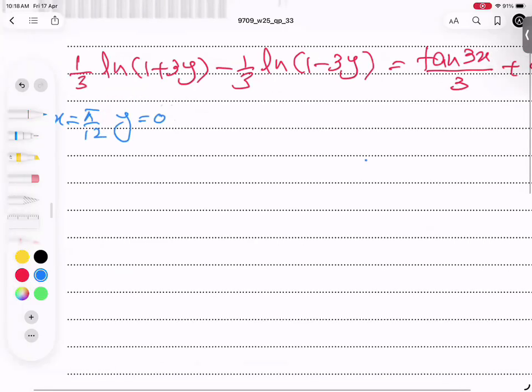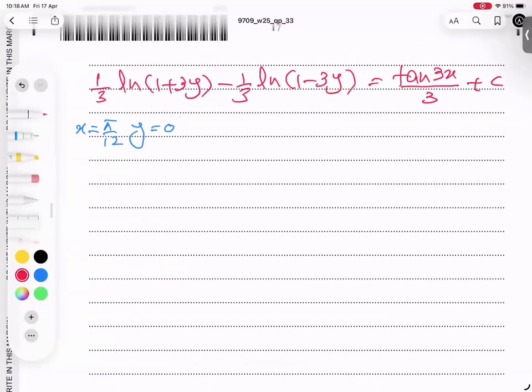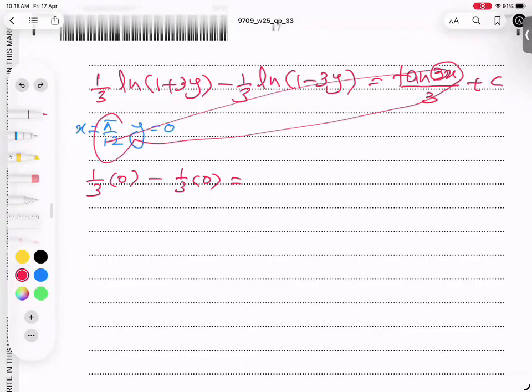I'm going to replace, so what happens? So 1 over 3, when I put 0 here, ln 1 is itself 0. So it means gone. Even this is also gone. But on the other side, pi by 12, multiply by this 3 will cancel, giving pi by 4.